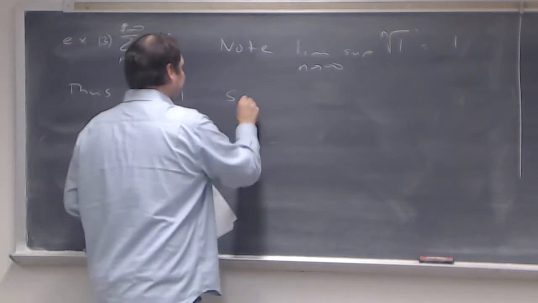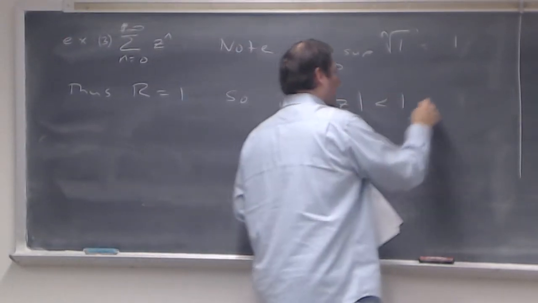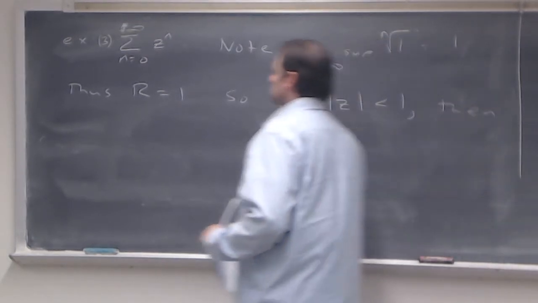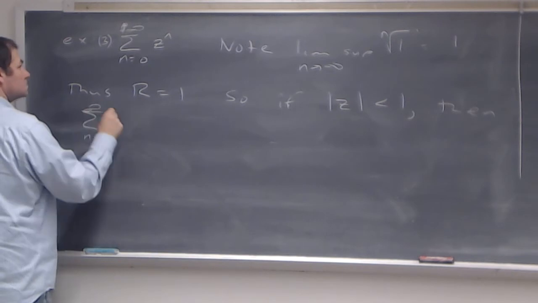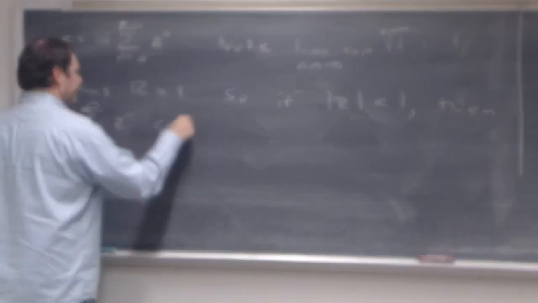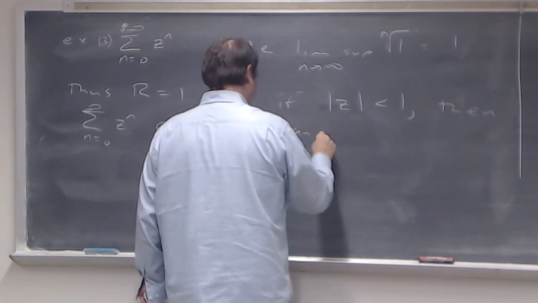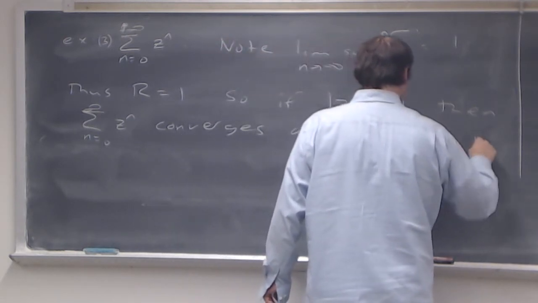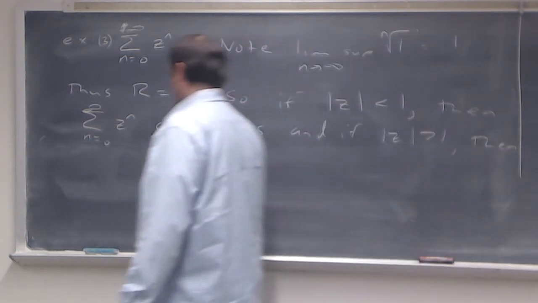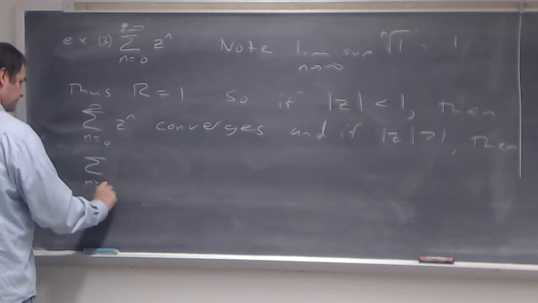So what we're saying here is, if the norm of z is less than 1, then this series converges. And if the norm of z is bigger than 1, then this series diverges.